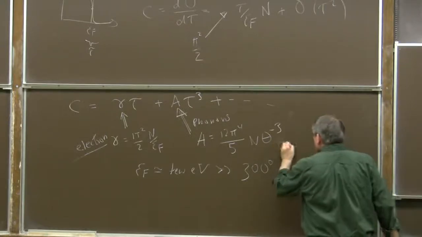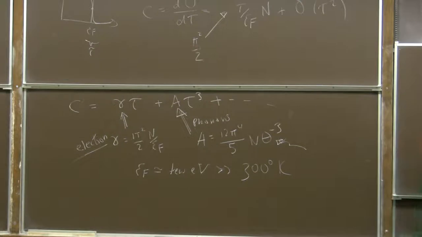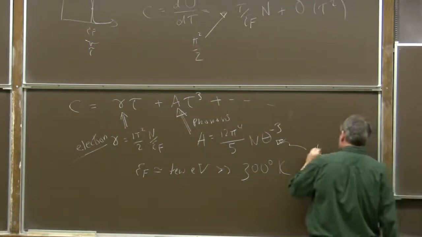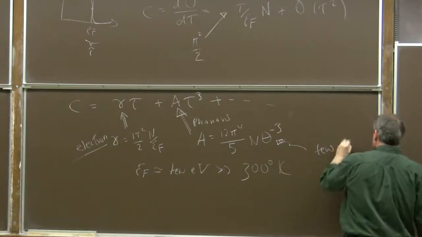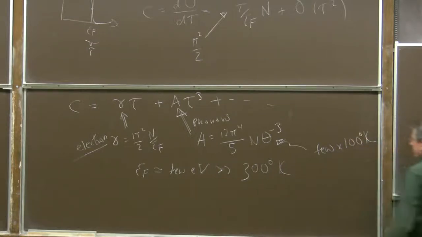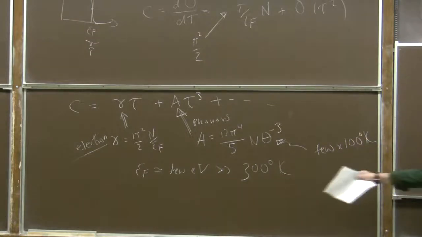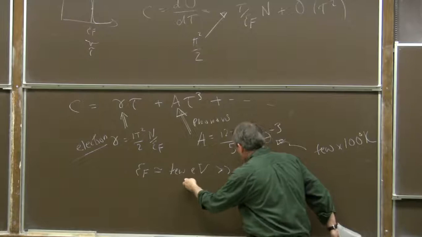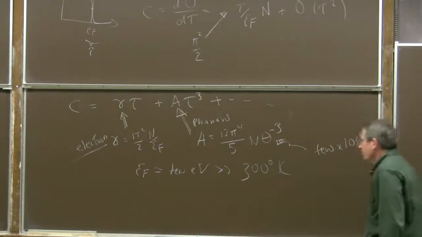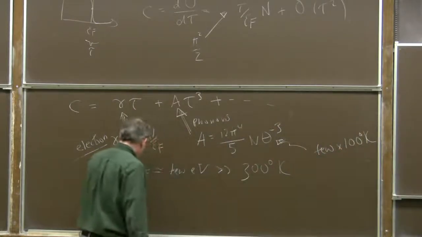And a typical value of the Debye temperature is some number of order 1 times 100 degrees. Of course, it's because this Fermi energy is large compared to room temperature that we can say the electrons are nearly degenerate typically.